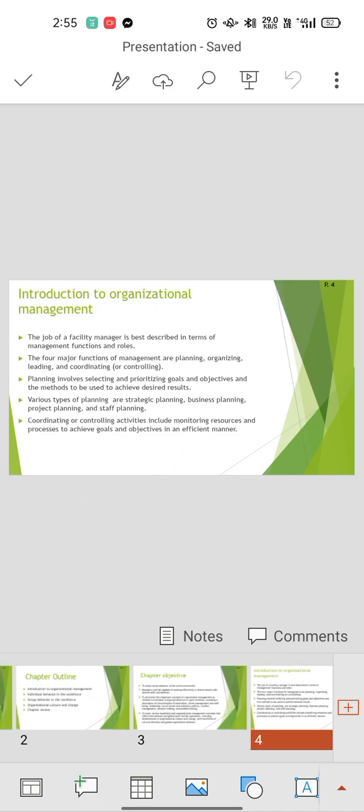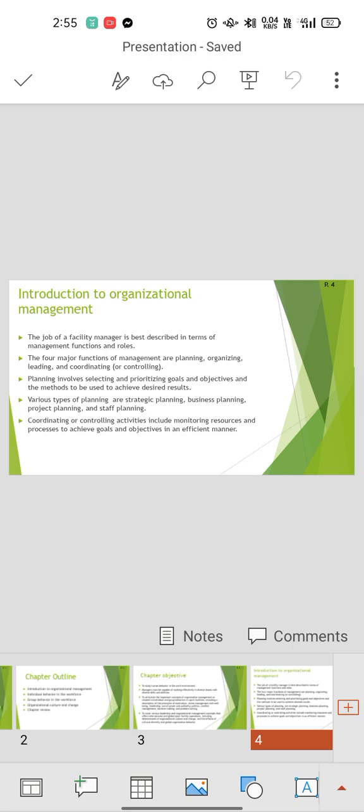Introduction to Organizational Management. The job of a facility manager is best described in terms of management functions and roles. The four major functions of management are planning, organizing, leading, and coordinating or controlling.